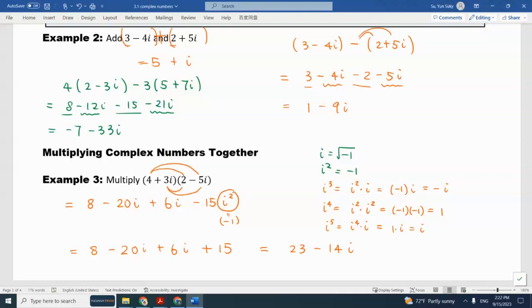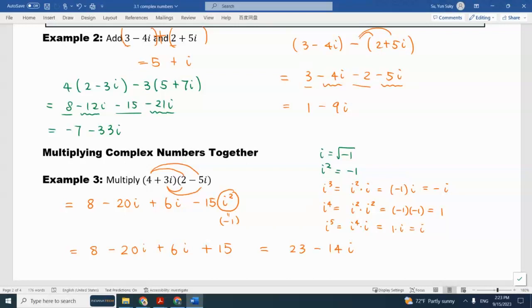So the powers of I go in a circle. I is I. I squared is minus 1. I cubed is minus I. I to the 4th is 1. I to the 5th, you get back to I. I to the 6th will be like I squared. I to the 7th will be like I cubed, minus I. I to the 8th, 1.